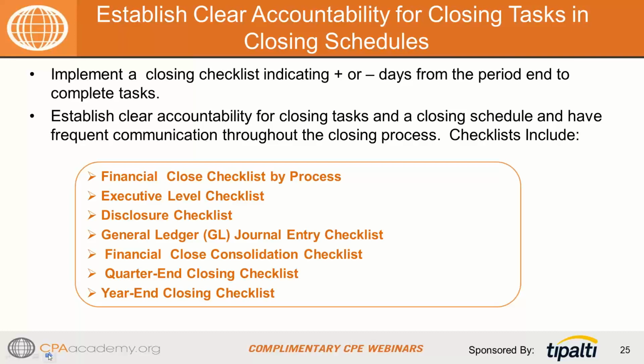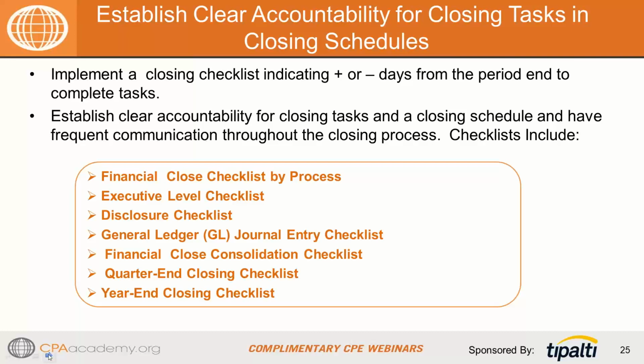If we look at moving to establishing that accountability for closing tasks and closing schedules, many companies implement a checklist indicating plus or minus days from the period end to complete the tasks. And to establish that clear accountability, you've got to have a checklist, and guess what? That's going to be communicated. And here are some suggested checklists to consider.